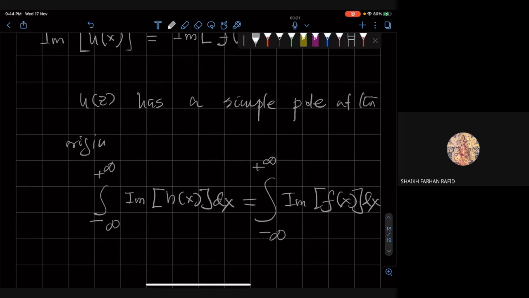Because we have not changed the imaginary part of those functions evaluated on the real line. Is that clear? Yes, sir. So this is a much nicer function for us to evaluate, and we can now use the Mousehole contour on this.